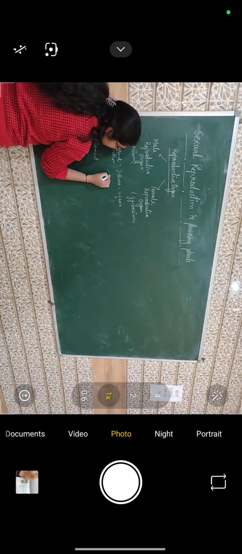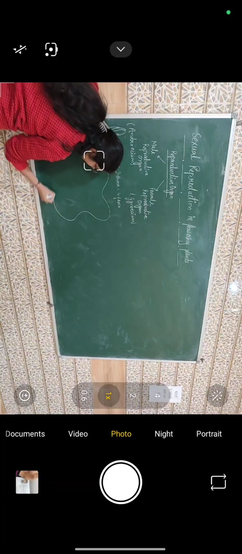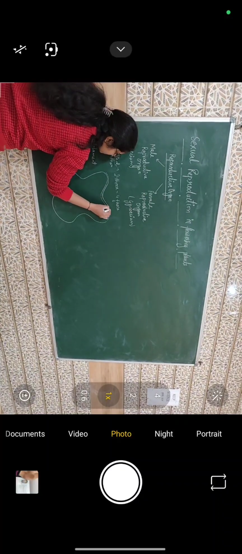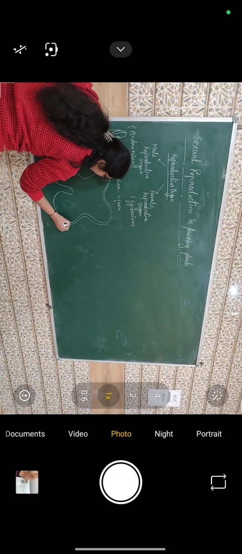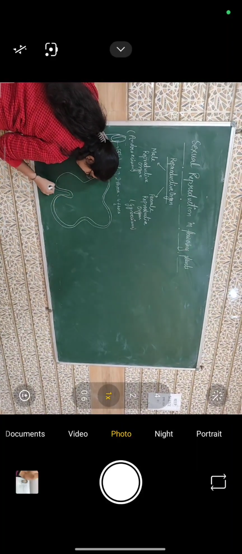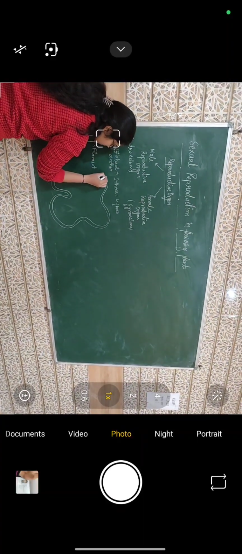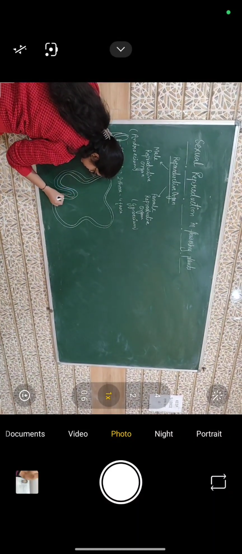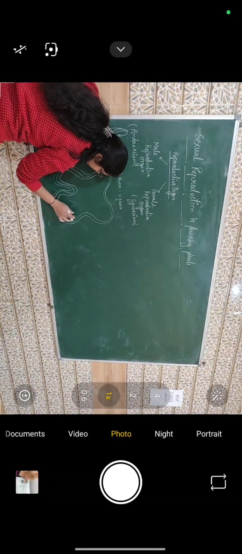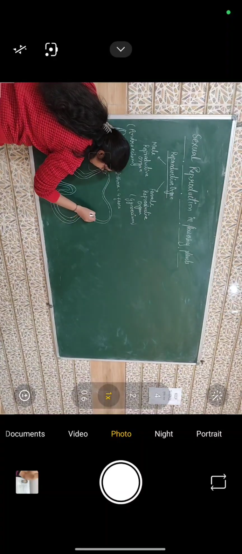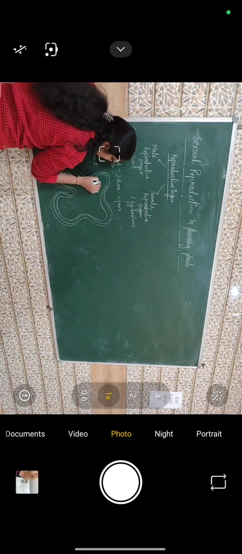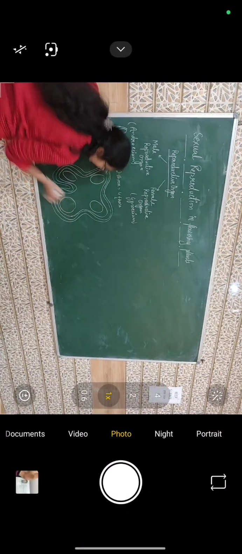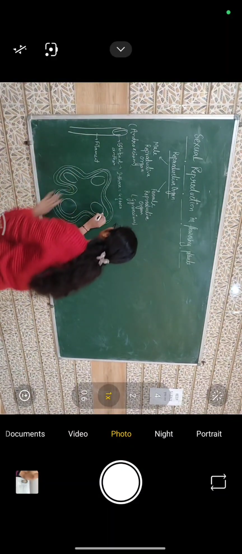If we draw its diagram, it is typically a microsporangium which has four thecae, and inside these thecae we have sporogenous tissue.